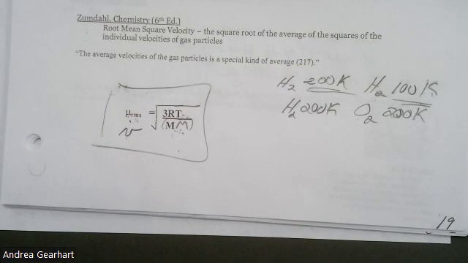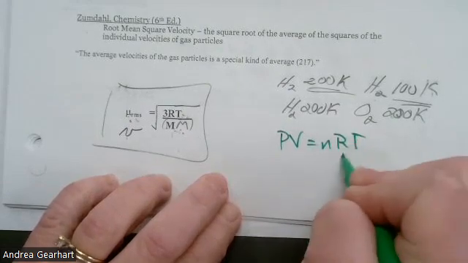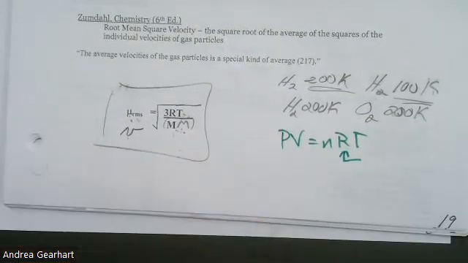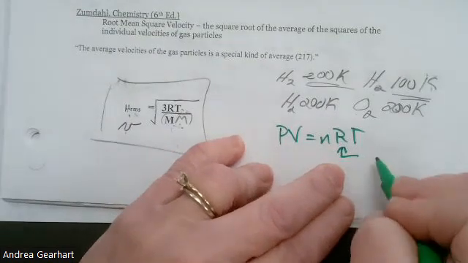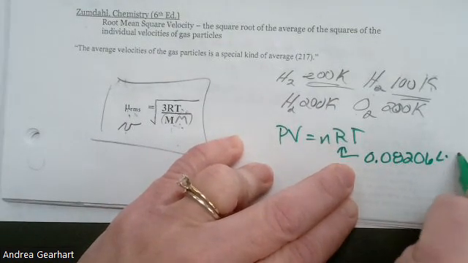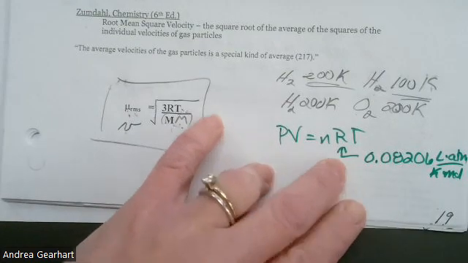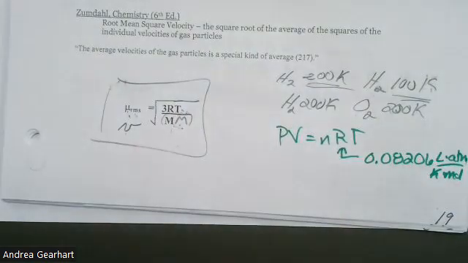In P equals nRT, the R, gas law constant, we apply 0.08206 liter atmosphere per Kelvin mole. Period, end of story. I will provide those. That's the easiest.